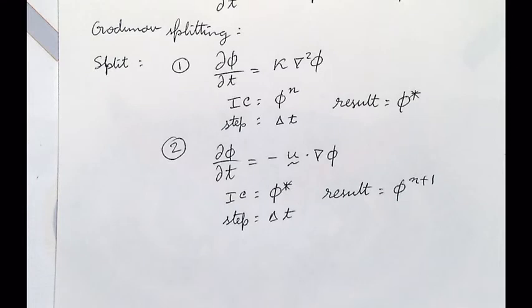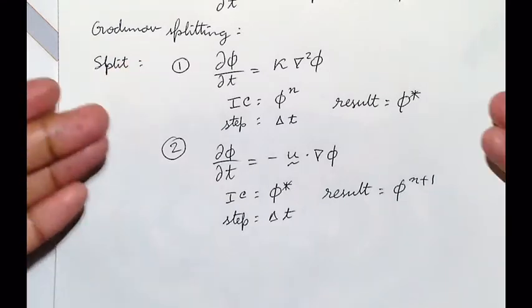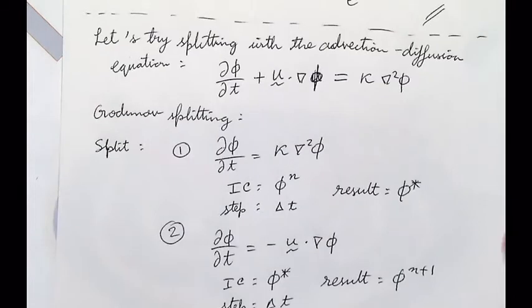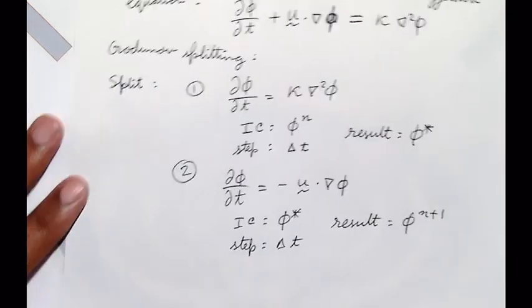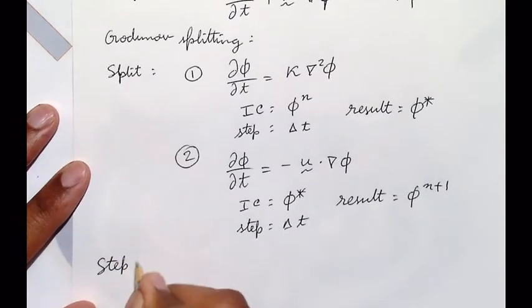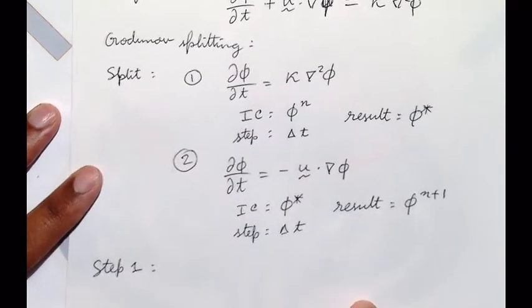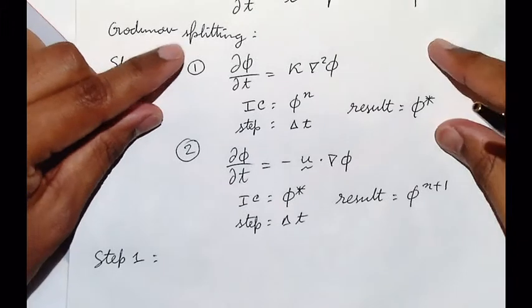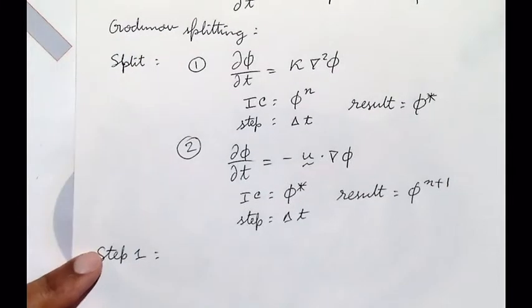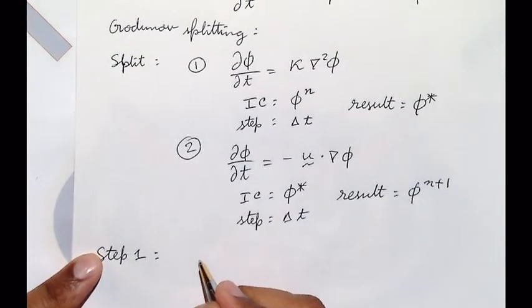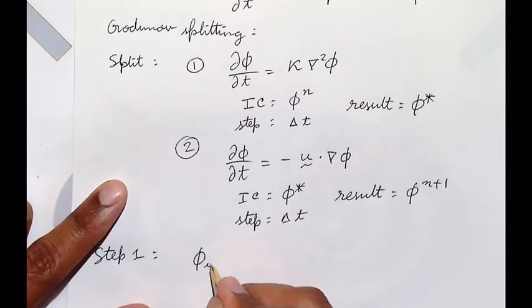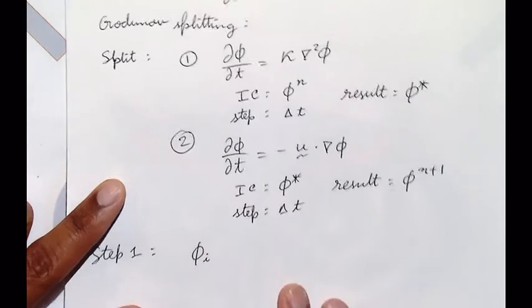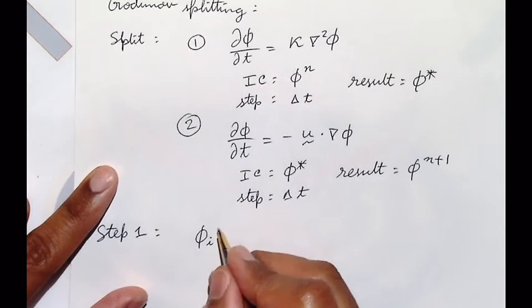Okay, all right. So this, we just wrote it down. It's still continuous. We need to discretize this before we can program it. So let's see, step 1. What should we write here? φ of n plus 1.